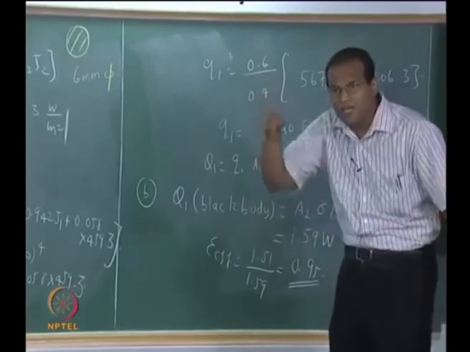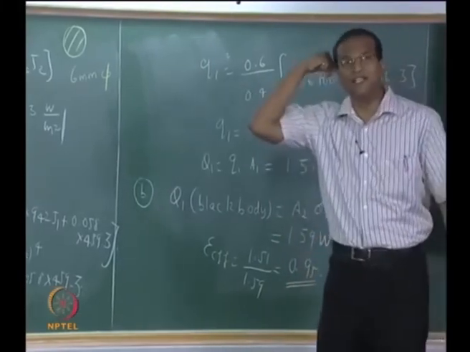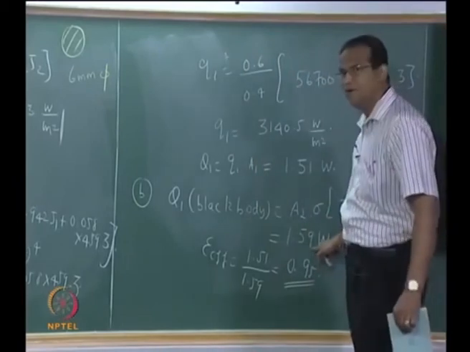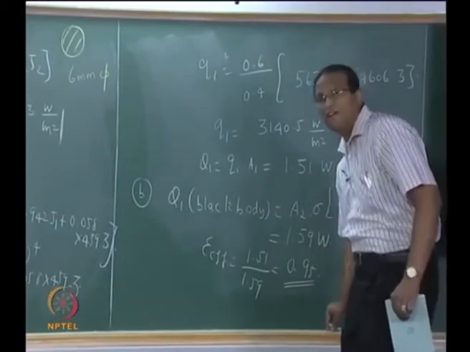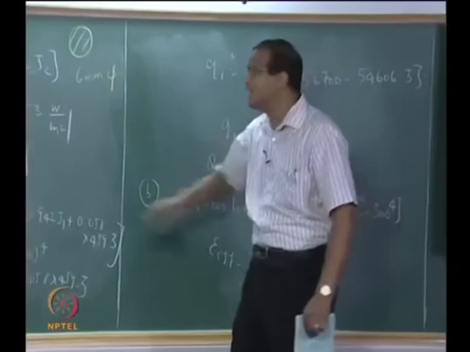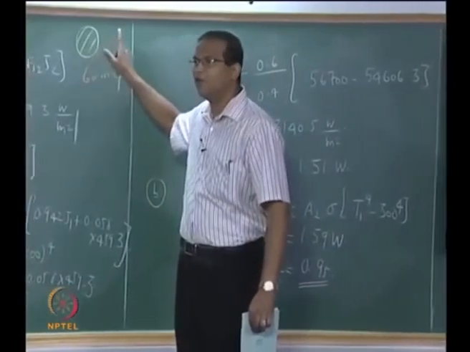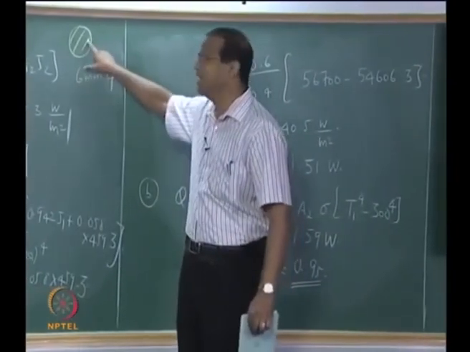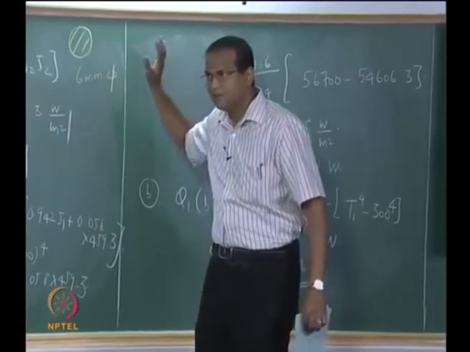So, if I keep on increasing the depth further it is possible for me to reach the asymptotic limit of 1.59, but never will I be able to exceed sigma into T to the power of 4 minus T infinity to the power of 4 into pi d square by 4. Okay.